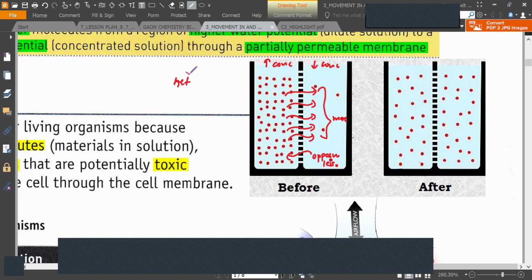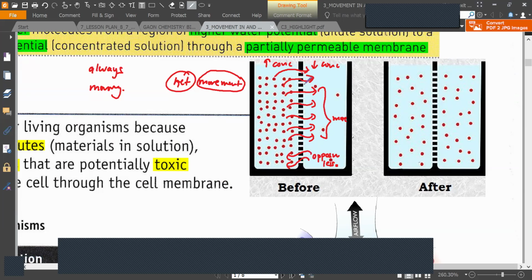So we always see this word, net movement. It's telling us that the particles are always moving. They never stop. So even if we have this diffusion from left to right, sometimes we have a little bit the other way around.